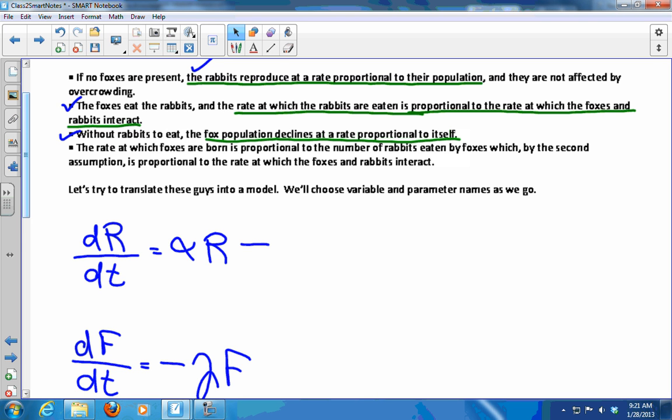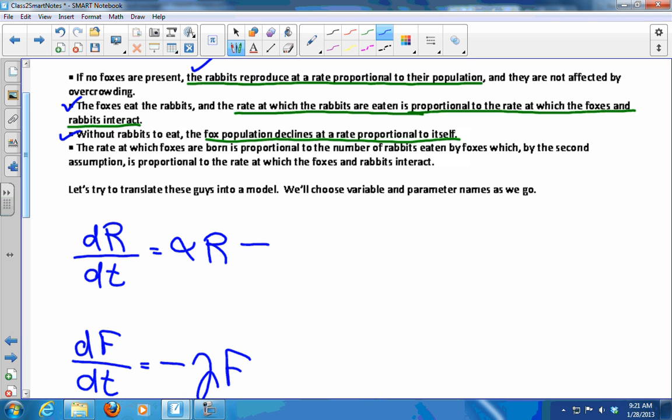If there are none of either species, then there should be 0 interactions. So we need an algebraic expression that's going to have R's and F's in it, rabbits and foxes, because they're interacting. That will be 0 if R is 0, or 0 if F is 0. And I need it to get bigger as R goes up or F goes up. R times F. That'd be a great one.